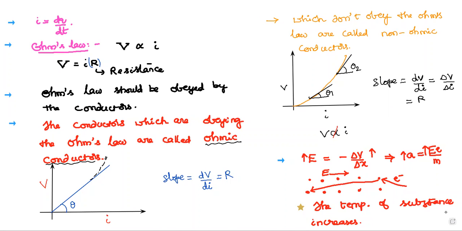This is the problem for the conductors. Vibration increases, the chances of colliding with the atoms increase, so resistance is increasing. That's why, as I am going to write on the next page, the resistance of the conductor increases.